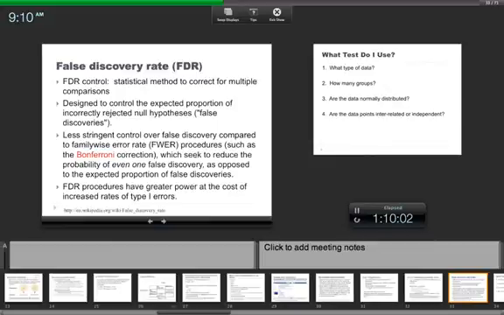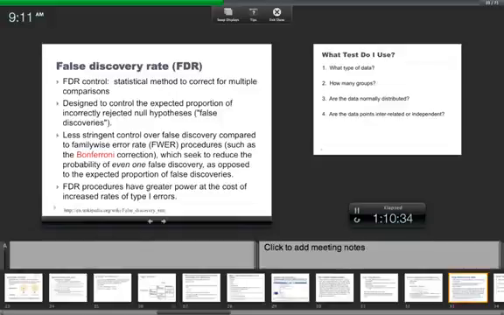The false discovery rate control is the statistical method to control for these multiple comparisons. It is designed to control for the expected proportion of incorrectly reported null hypotheses or the false discoveries. So the Bonferroni correction is a pretty stringent type of control, and its methodology falls into the family-wise error rate procedures.